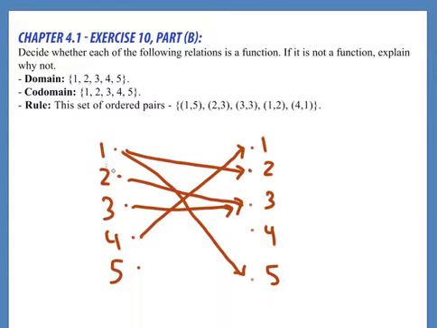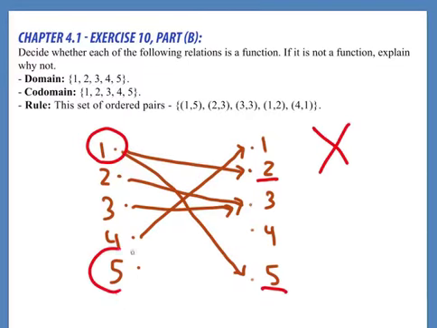It's not a function because for 1, there's 2 outputs, and that is already a strike, which means it's not a function. But if this didn't exist, there's also the problem where the input 5 has no output.